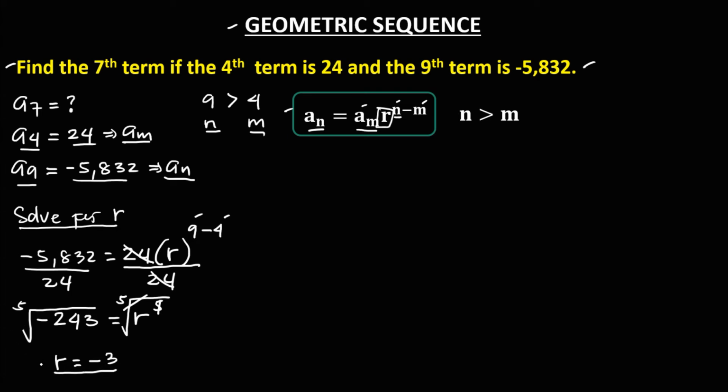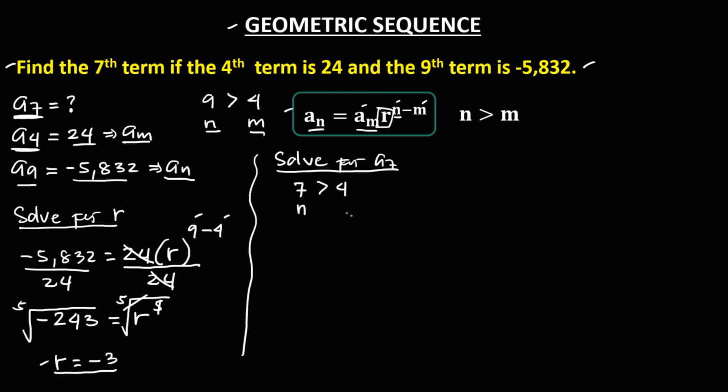Since we now have the common ratio, we can solve for the seventh term, a sub 7. We have two options to solve for the seventh term. First option, using the seventh term and the fourth term: since 7 is greater than 4, n is equal to 7 and m is equal to 4. So a sub 7 is a sub n.